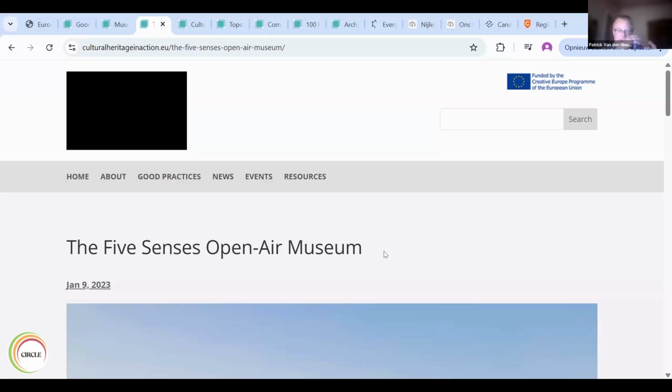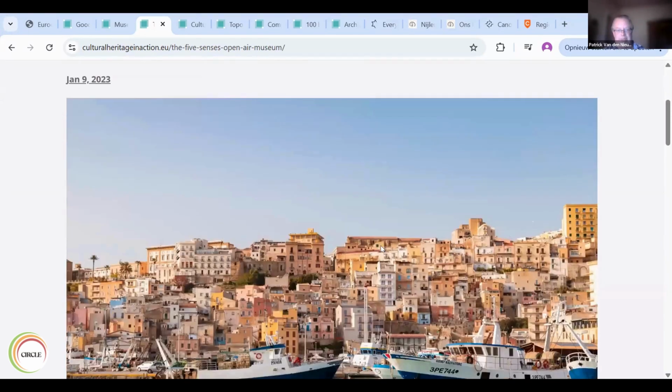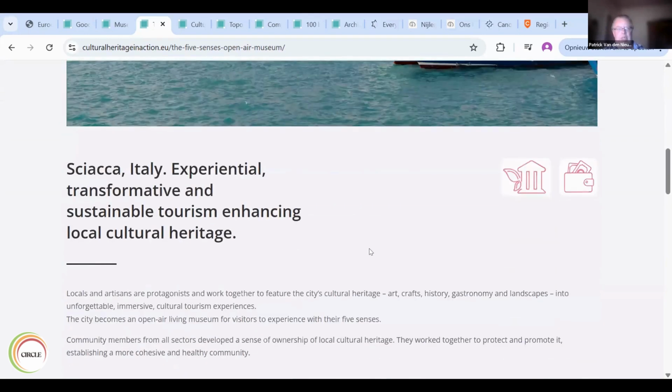This is another way of working with heritage, so that all is integrated into a walking tour. Perhaps also for us, it can be interesting to have this in our project, to use the different kinds of senses. Not only seeing and listening, but also to experience something, to taste something.